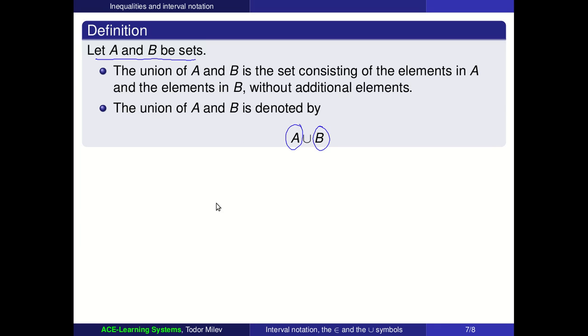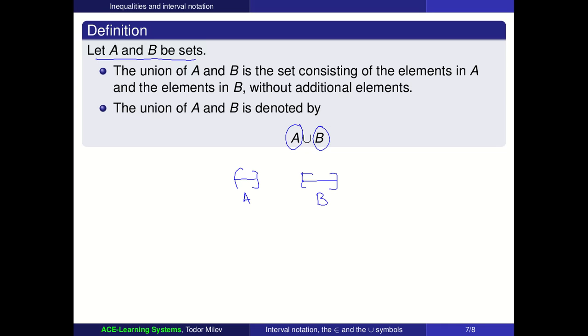Now when I say two sets, I want you to think of intervals. Say this is the interval A and this is the interval B. So I want you to think of A and B as two intervals. However, the definitions that we're giving here are actually valid not only for intervals, they are valid for arbitrary sets, but we'll be using these definitions mostly when A and B are intervals.